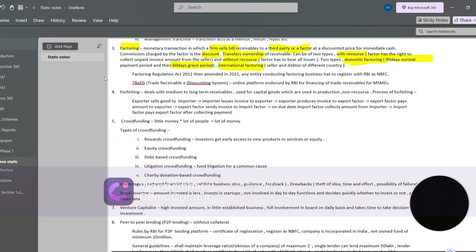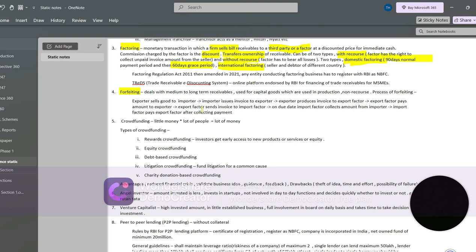Next is forfeiting. Forfeiting basically deals with medium to long term receivables. It is used for capital goods which are used in production, non-recourse. The process of forfeiting is: an exporter sells a good to an importer. Importer issues the invoice to the exporter. The exporter produces the invoice to an export factor. Export factor pays the amount to the exporter.